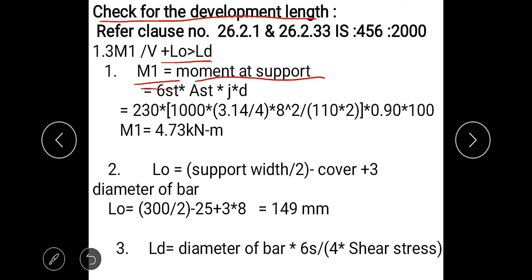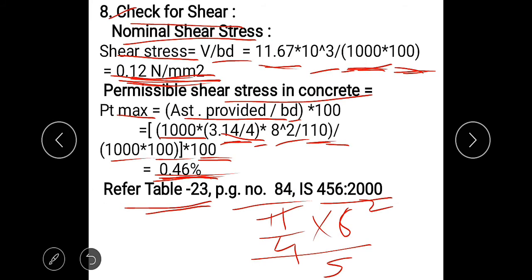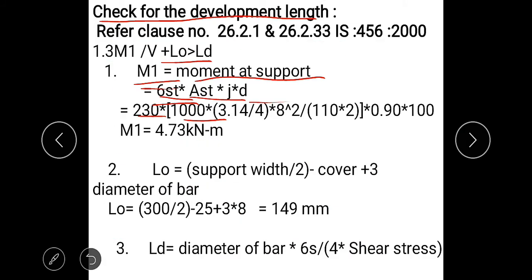The formula to calculate M1 is sigma ST into AST into j into d, where sigma ST is 230 and AST means AST provided. The formula for AST provided is 1000 into pi by 4 into d square divided by spacing, which is 110.